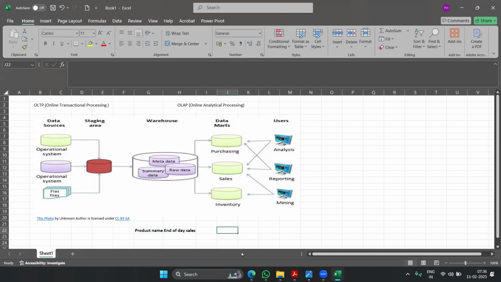After 6 months, I got a new requirement stating that, boss, not about the product name, I want to see the end of day sales by product category.